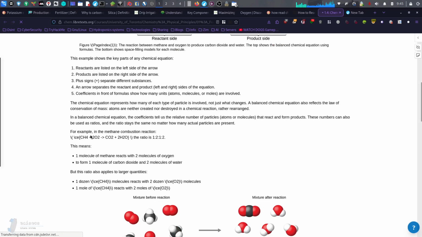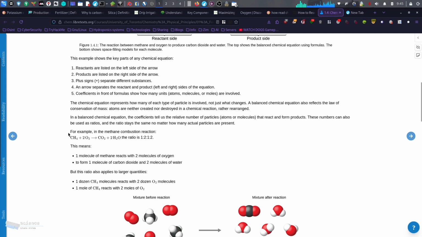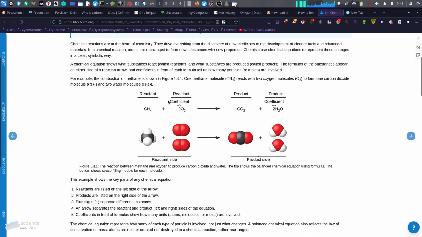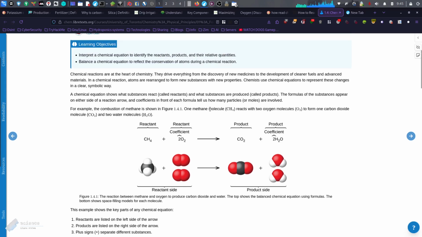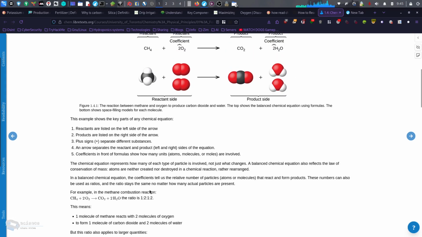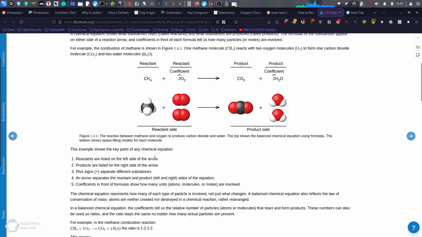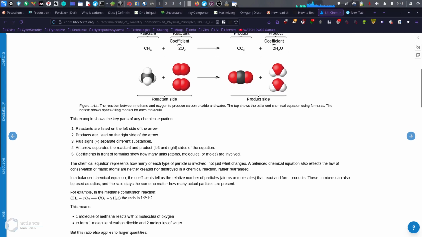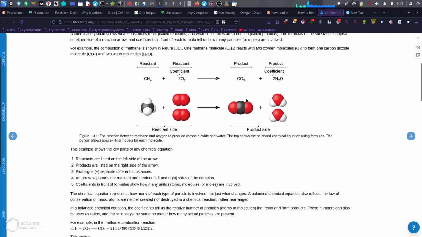Okay, for example, in one methane combustion reaction, CH4 plus 2 oxygen produce CO2 and water, 2 atoms.